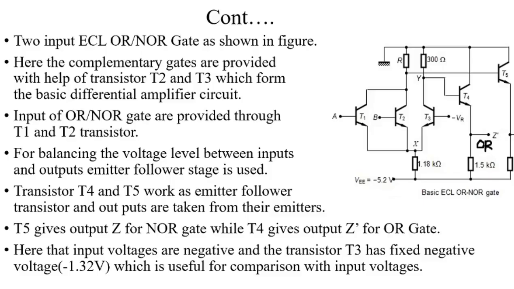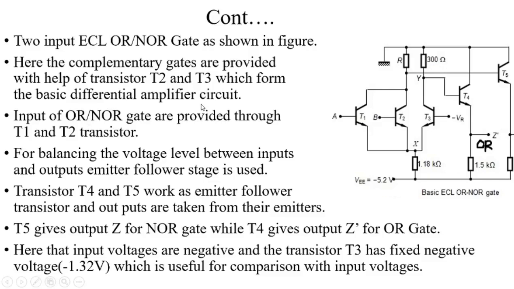Okay, here now we are discussing the two input ECL OR NOR gate as shown in the figure. So this is the circuit diagram of a two input ECL OR NOR gate. This emitter coupled logic gives two outputs, that is, one is the OR and the other one is the NOR. Here the complementary gates are provided with the help of transistors T2 and T3, which form the basic differential amplifier circuit.